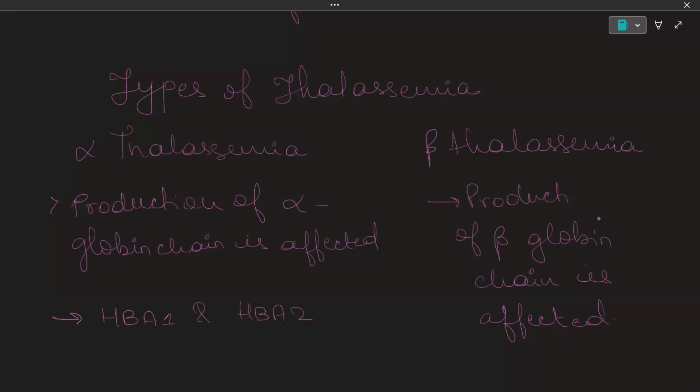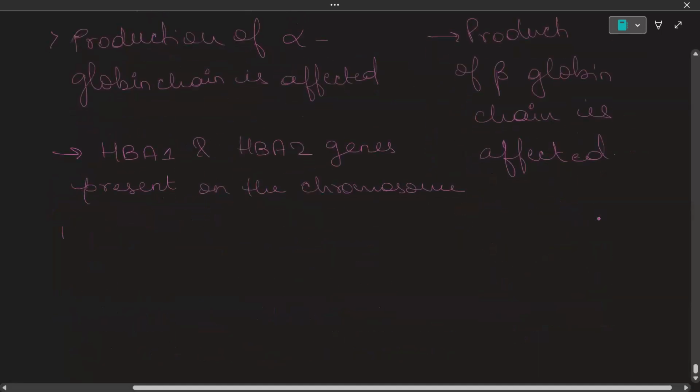These are the two genes present on chromosome number 16. And it is observed that because of the mutation, the alpha globin chain is not synthesized nicely.